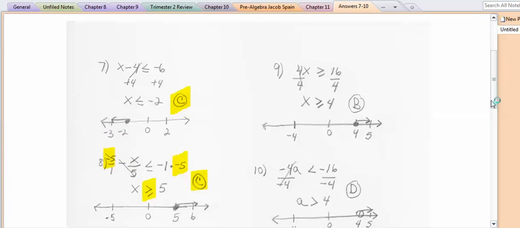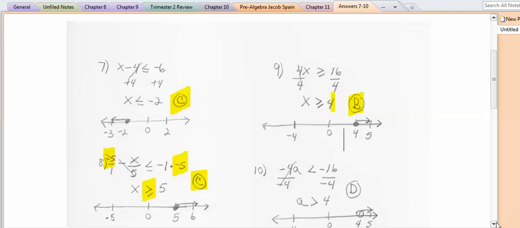Here's 9. The 9 was just divide both sides by 4. Do not need to flip the sign. Hold on, sorry. So my answer choice is B, matching my graph.